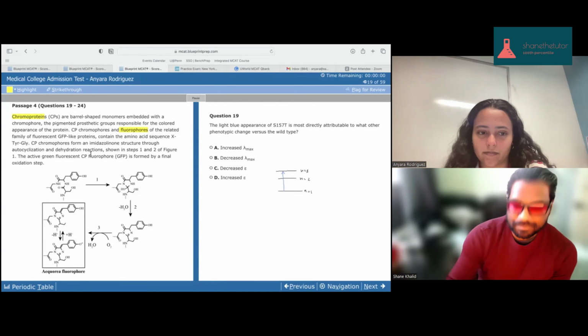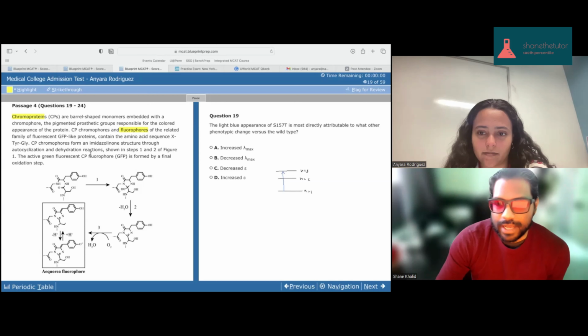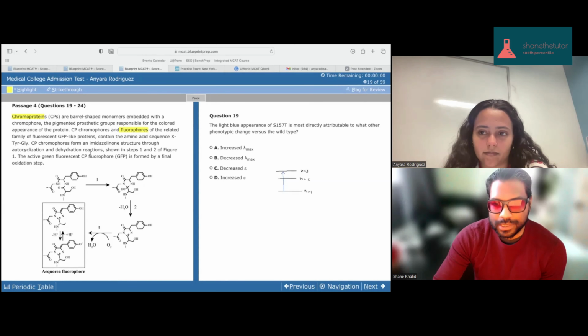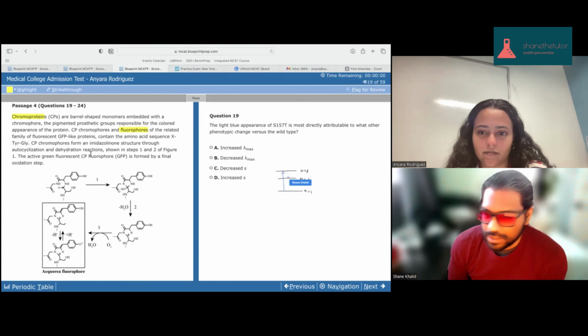But with fluorescence, due to the stability caused by resonance, the molecule will enable an electron to relax down to, let's say, the n is equal to 2 shell.